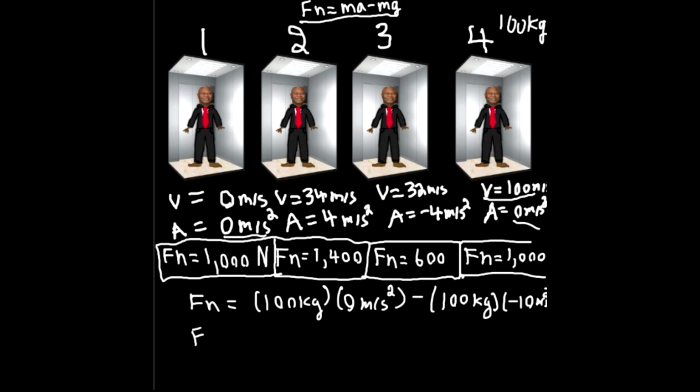So here we are with Fn equals 0 minus negative 1000, and the normal force ends up to be 1000, like we predicted with the same acceleration here.